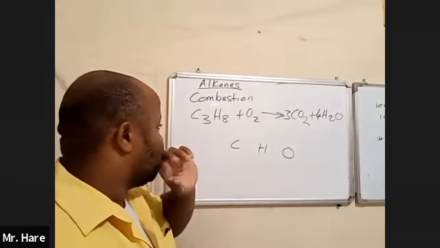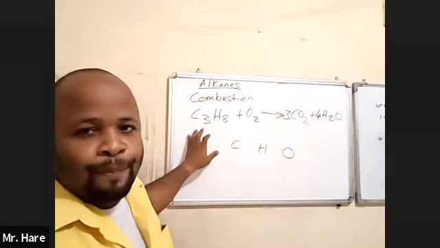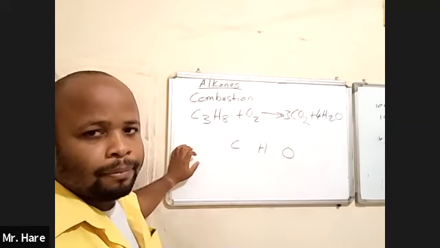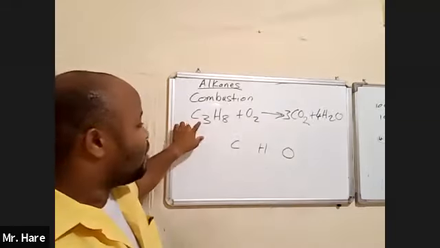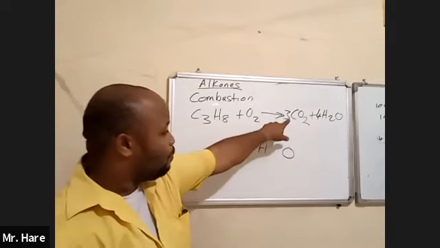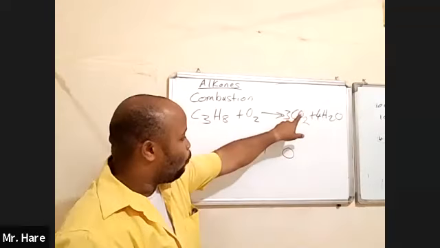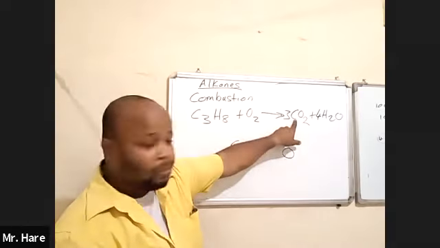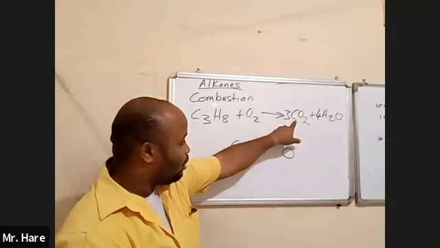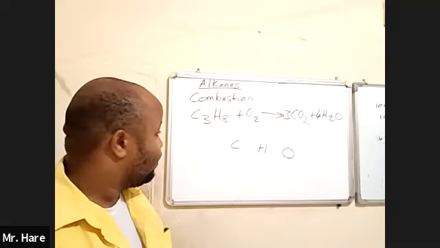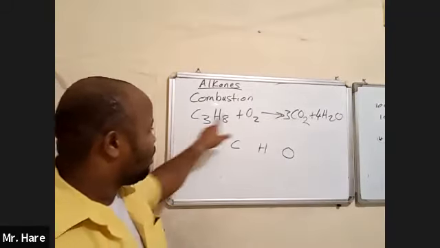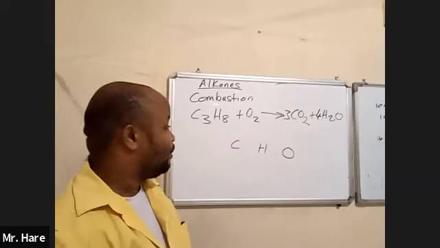All right, so we have 3 carbons here, so I have to put a 3 in front of CO2. We only have 1 carbon in CO2, 3 times 1 carbon, that is 3. So 3 carbons, 3 carbons here.